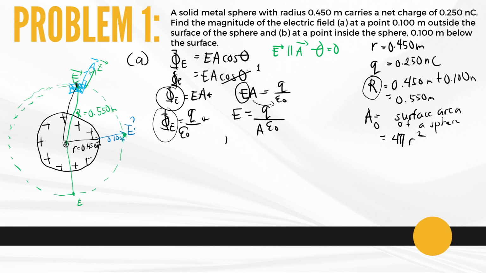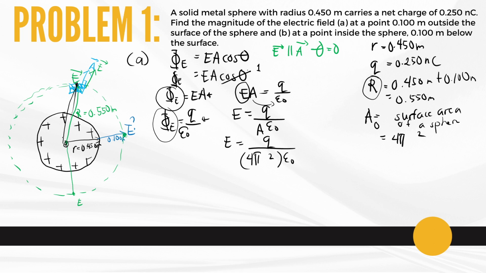So E equals Q over 4 pi r squared times epsilon naught. The r I should use here is not the small r, because what I'm looking for is the electric field at this point.